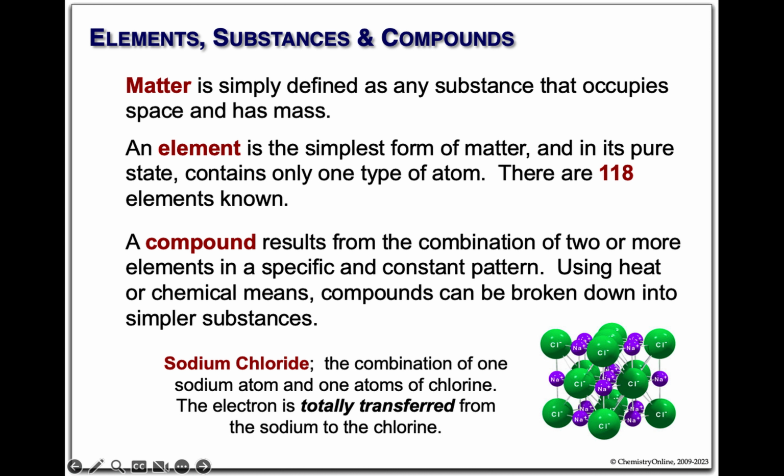Chlorine has an extra, so it's negative. This is called an ionic compound. This is just an endless array, if you will, of these plus and minuses held together electrostatically. So two types of compounds, molecular, where we share, and ionic, where we don't.